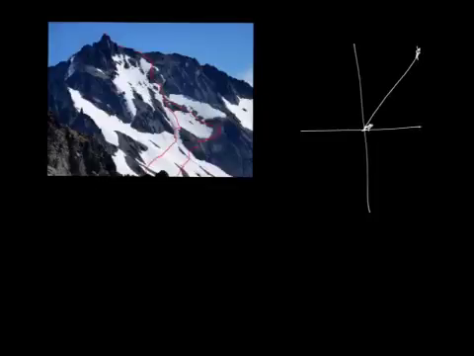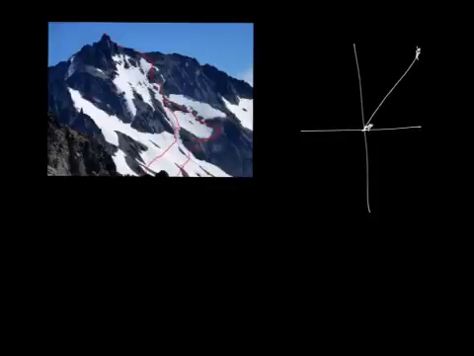If we look back at our mountain example, then we can see that as we start from our base and we climb the mountain, we're going to increase our vertical distance and our horizontal distance. And so if we increase both of these, we're going to have a positive slope. So if we start out here at base camp and then travel up our mountain, then our slope is going to be positive.